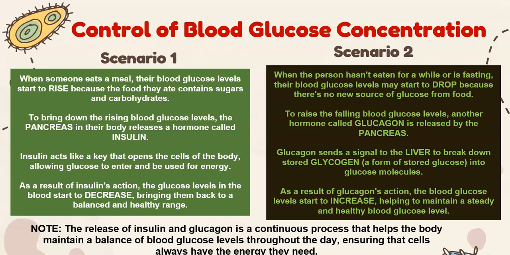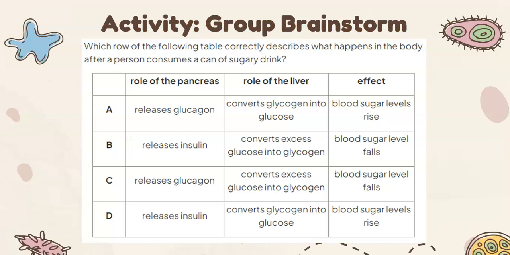So you notice that the release of insulin and glucagon is a process that helps the body maintain a balance of blood glucose level throughout the day, ensuring that the cells always have the glucose required to produce the energy that the body needs.